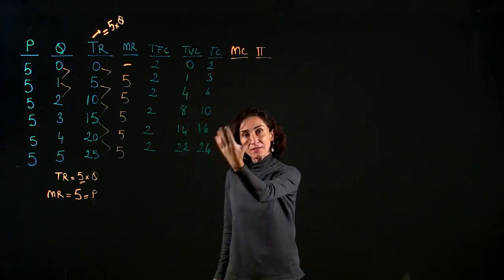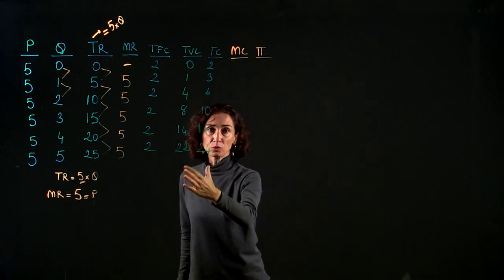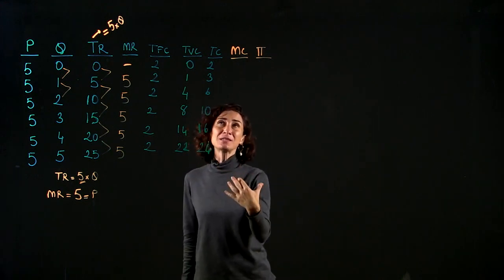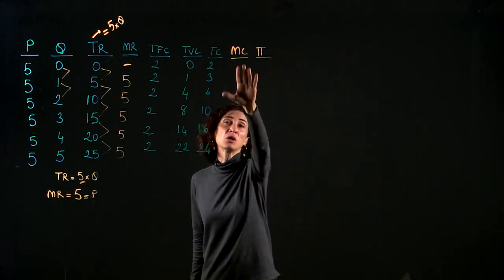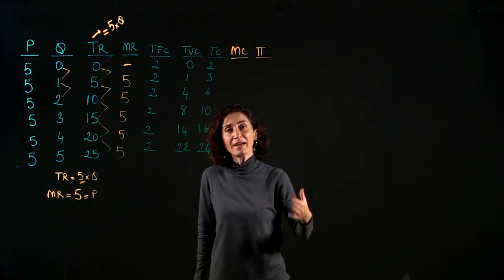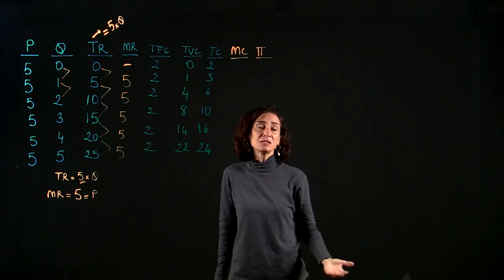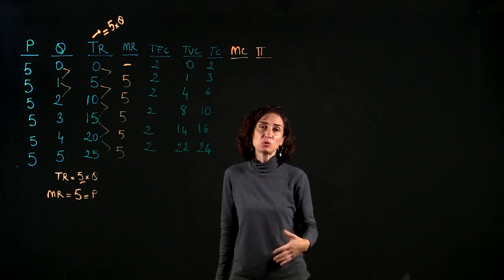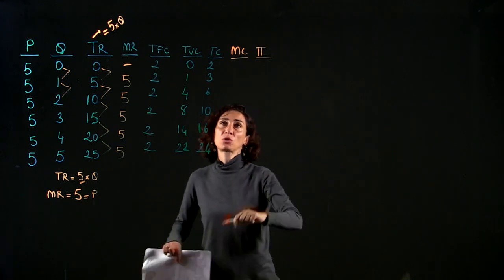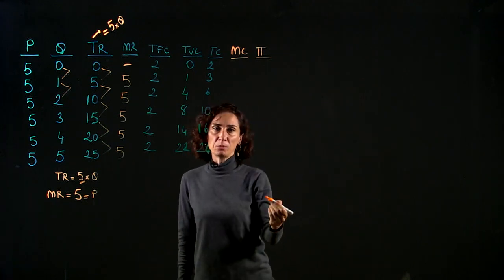Now, I gave these numbers to you in a way that will make the marginal cost look like a standard marginal cost curve. But sometimes in examples we use different types of marginal cost curves as well. What is the definition of marginal cost?